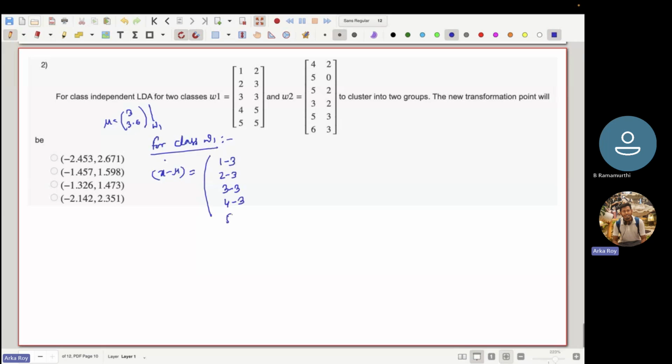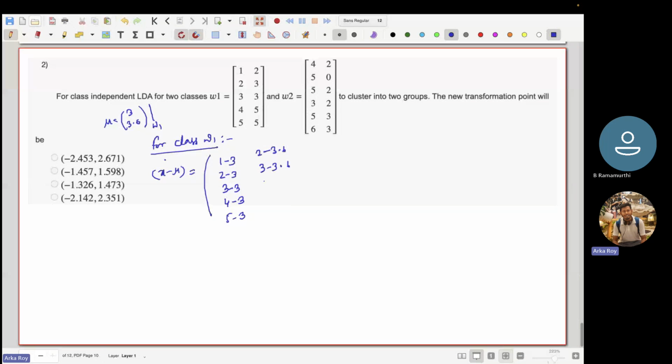Second case: 2 minus 3.6, 3 minus 3.6, 3 minus 3.6, 5 minus 3.6, 5 minus 3.6.